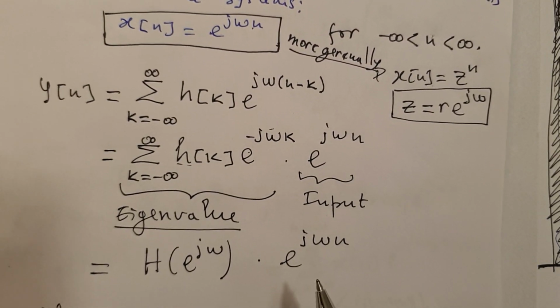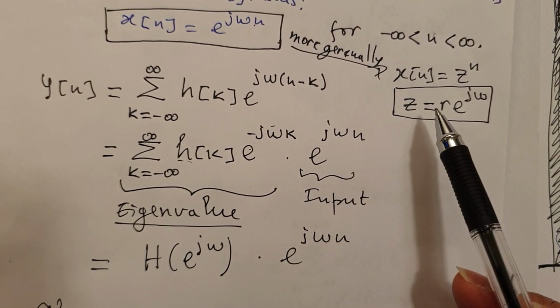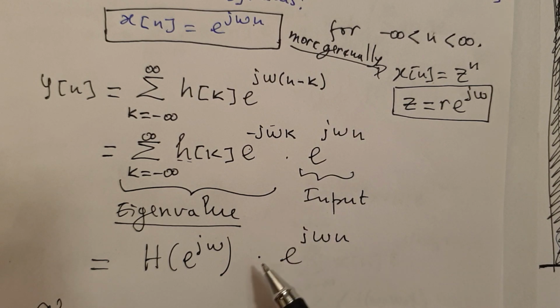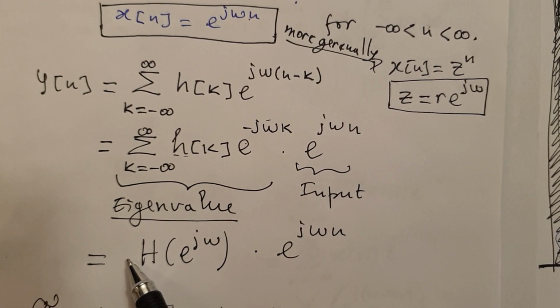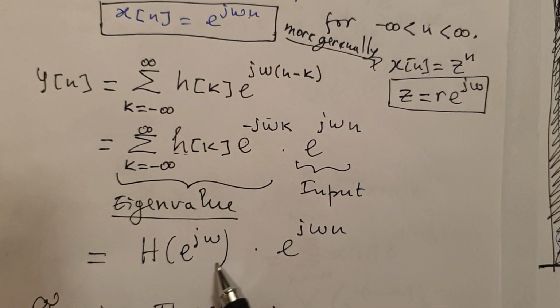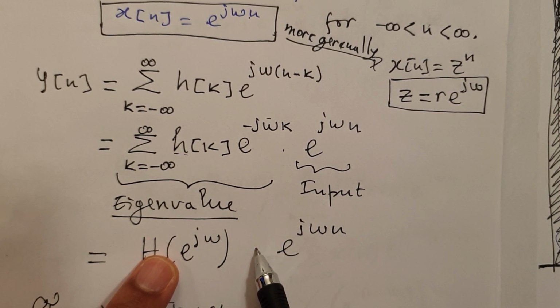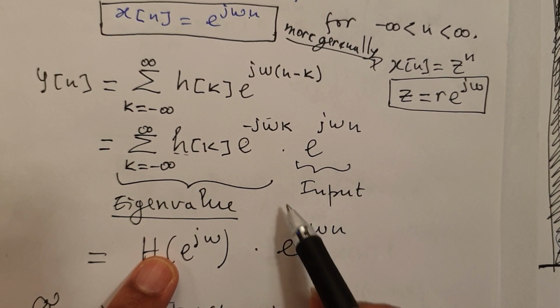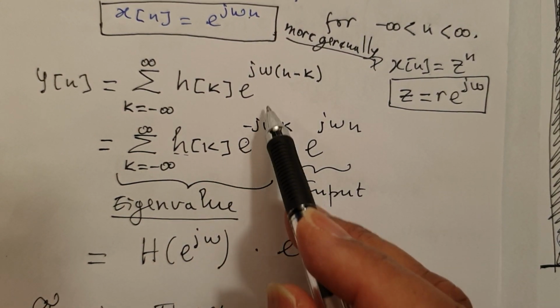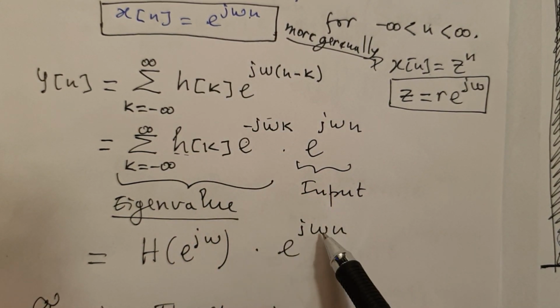So what do we have here? When your input is a function like this, and you're given this system function, the Fourier transform of the system impulse response, then you can easily calculate the output just by multiplying instead of calculating the convolution, because you know that if you plug it in the convolution you'll get this.